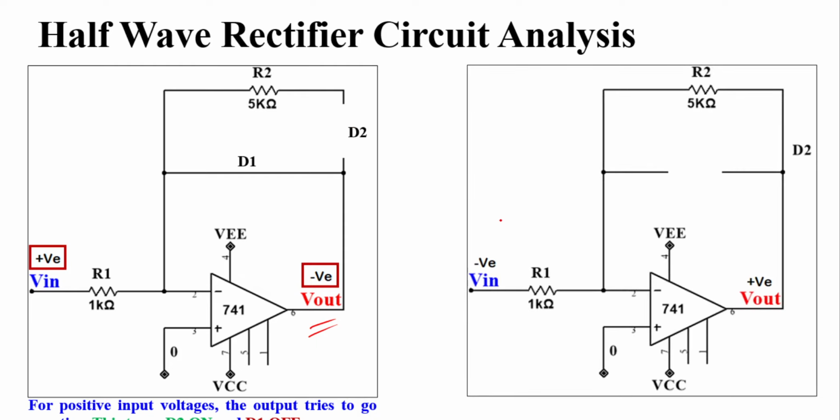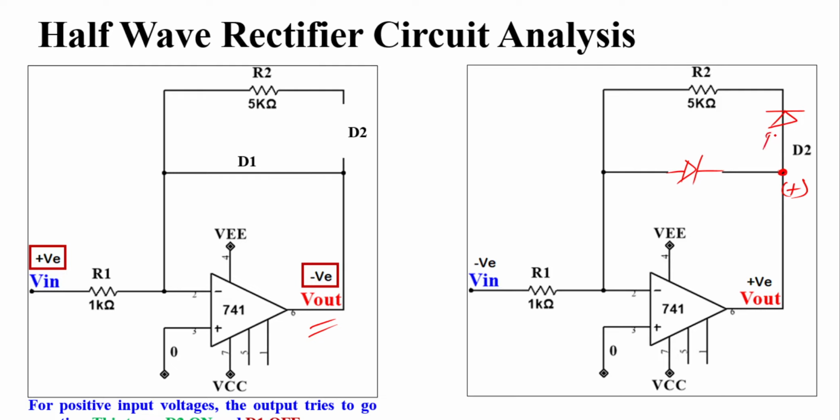Now coming to the next half, that means if you apply a negative voltage, the whole circuit will behave in an opposite way. That means the output will try to become positive. So this node will become positive, and you can now again correlate the behavior of diodes.